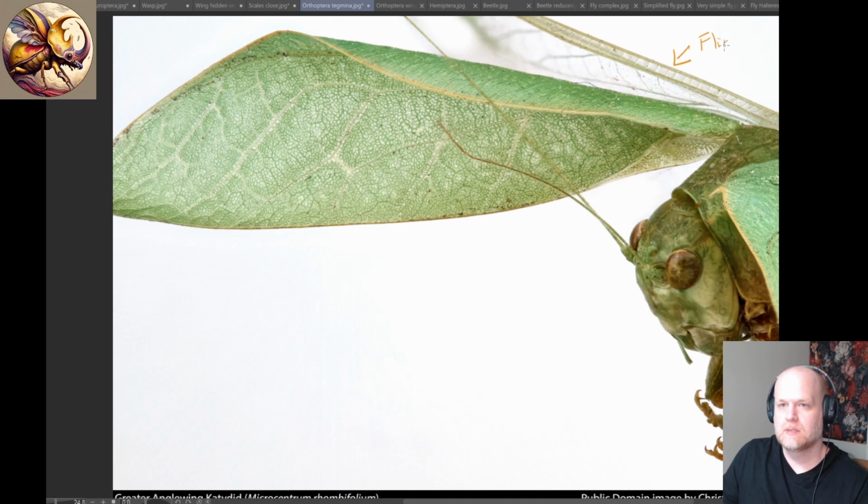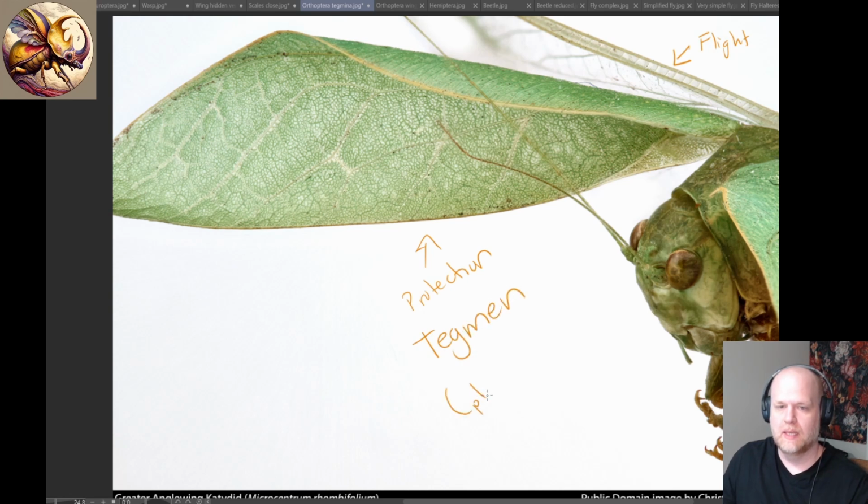These are the flight wings. And this one is more used for protection. The forewings are for protection, the hind wings are for flight. This forewing is called a tegmen, and the plural is tegmina. So they have a pair of tegmina that they use for some protection.